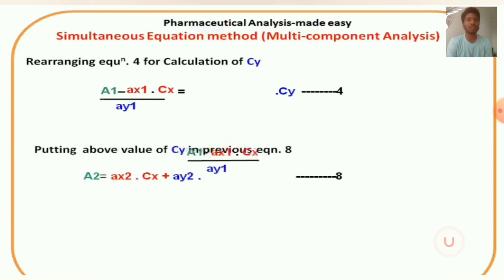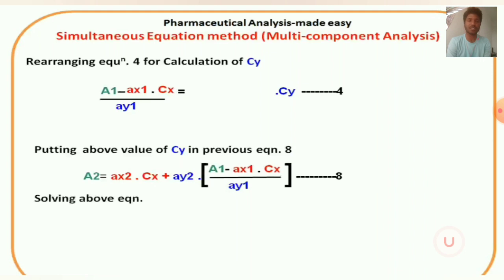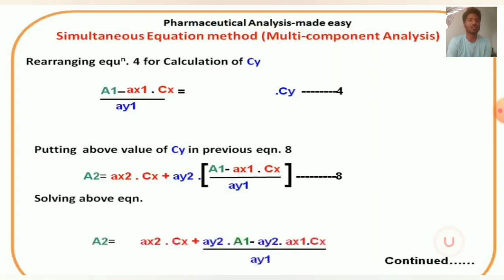Now let's put equation number 4 into equation number 8, that is A1 minus AX1 into Cx divided by AY1. Now solving the above equation, as you can see, we rearrange equation number 4 for the calculation of the concentration of Cy.